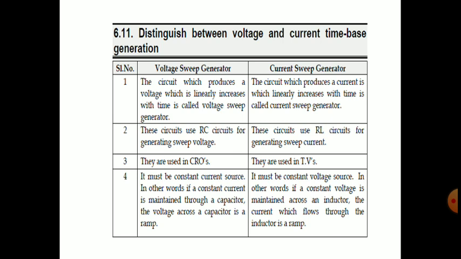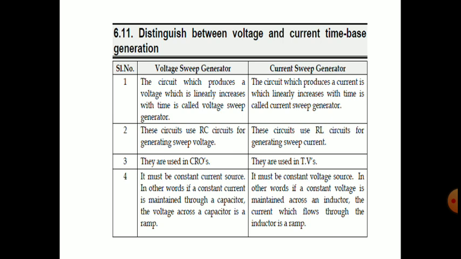In the case of voltage sweep generators, it must be a constant current source. In other words, if a constant current is maintained through a capacitor, the voltage across the capacitor is a ramp, right? Capacitor formula: V = 1/C integral of i dt.